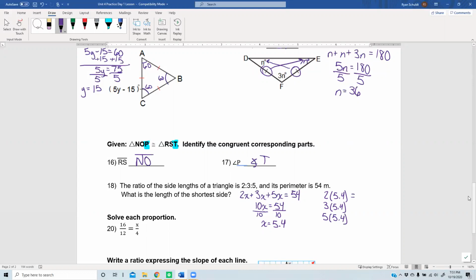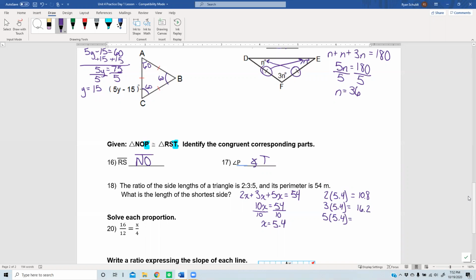So 2 times 5.4 is 10.8. 3 times 5.4 is 16.2.